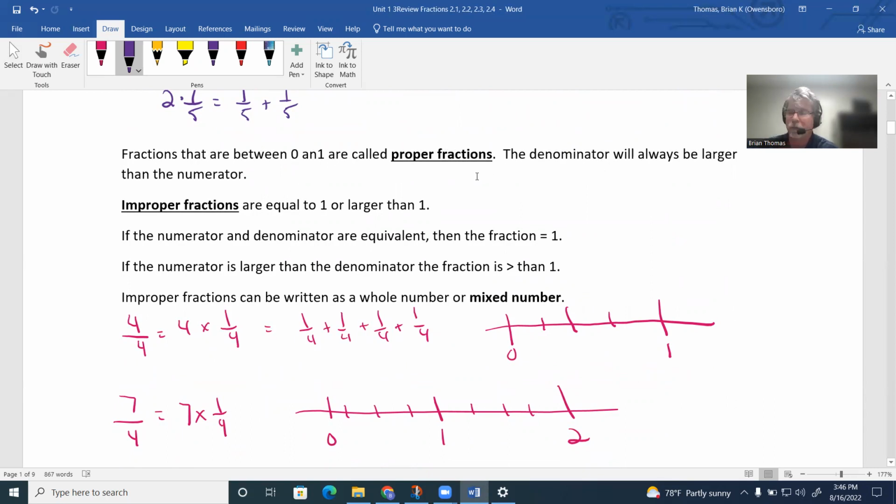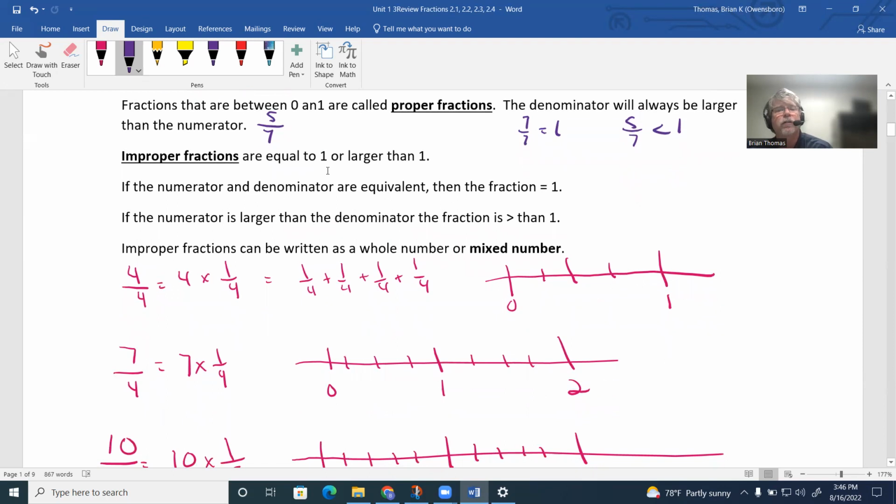For example, if I make the denominator 7, as long as the numerator is smaller, so if I put a 5 there, 5/7 would be a proper fraction, because it would take 7 sevenths to equal a whole. If 7/7 is equal to 1, then 5/7 has to be less than 1. So it is a proper fraction, because it is between 0 and 1.